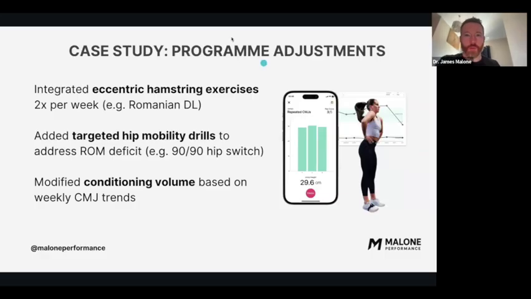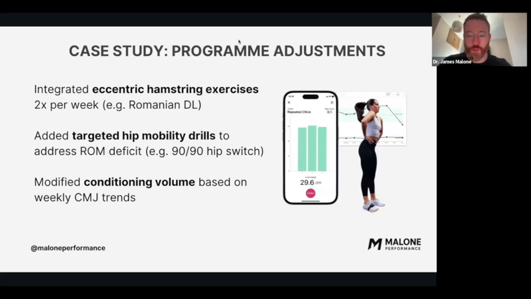So then what do we do? How do we change it up? How do we implement things? Well, firstly, if we want to fix the eccentric strength issue, maybe we bring in some specific work. Depending on your athlete, your player, it depends what exercises they prefer or adapt well to. So I've put here, Romanian deadlifts would be a good one.